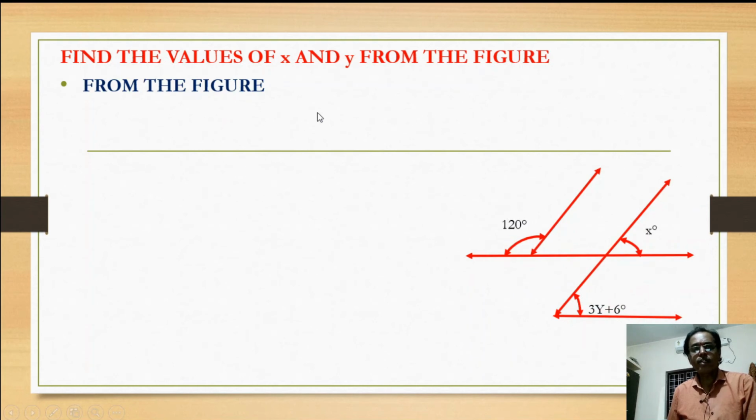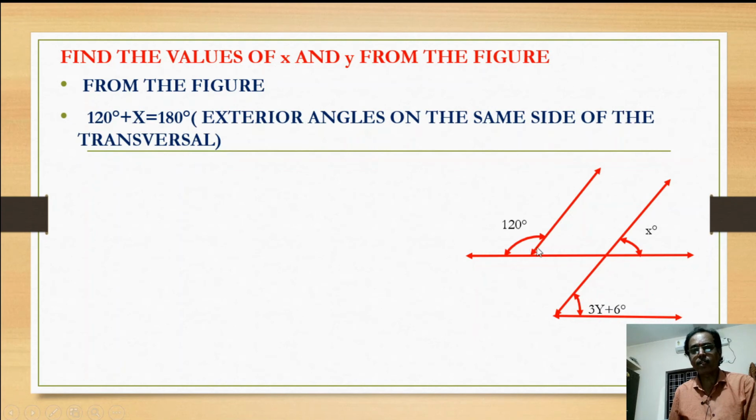Now, find the values of x and y from the figure. So here again we have these two parallel and these two parallel. Now here we observe these two are parallel and this line is taken as a transversal, and 120 and x, these two are known as what type of angles? Yes, exterior angles.